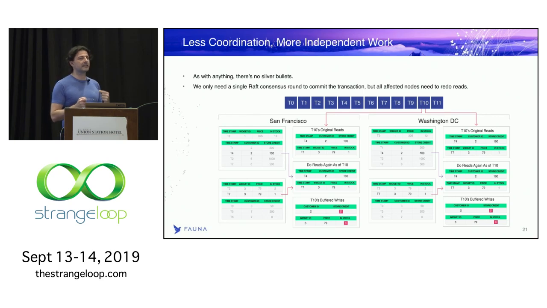Vanilla Calvin actually requires you to encapsulate the logic of your transaction in the transaction itself. So in the transaction, you're basically shipping little programs that need to rerun deterministically on all nodes. And that obviously also has to mean that those little programs can deterministically get rerun on every node.